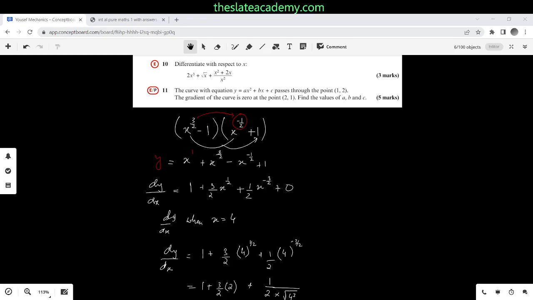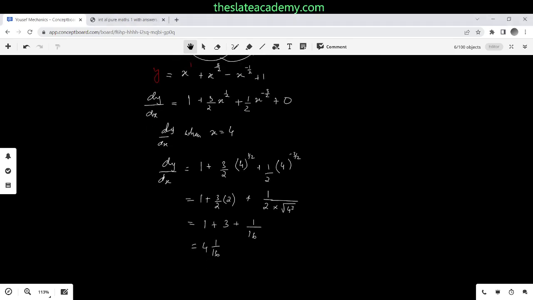So root of 64, which should be 8, which would multiply with 2 to become 16. So 1 plus 3 plus 1 over 16, 4 whole 1 by 16. That is the gradient of the curve when x is equal to 4.